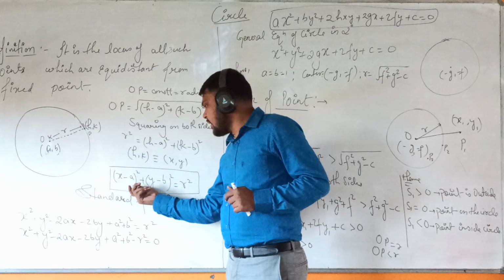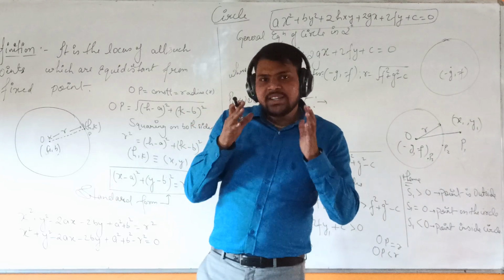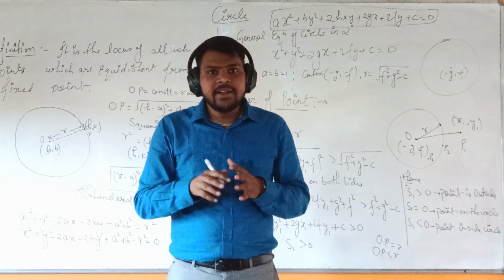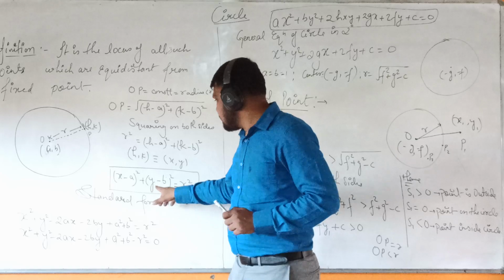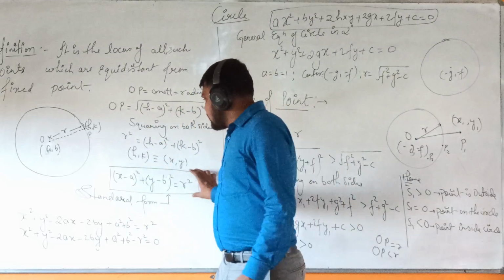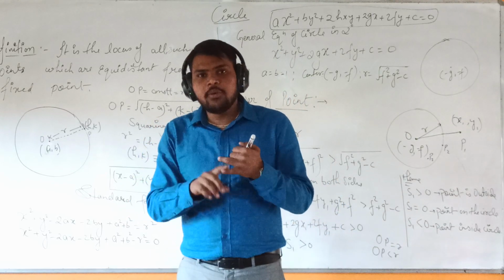Okay, so X minus A whole square plus Y minus B whole square is equal to R square is your required standard form of a circle. Now from this equation of a circle, what information do we require?